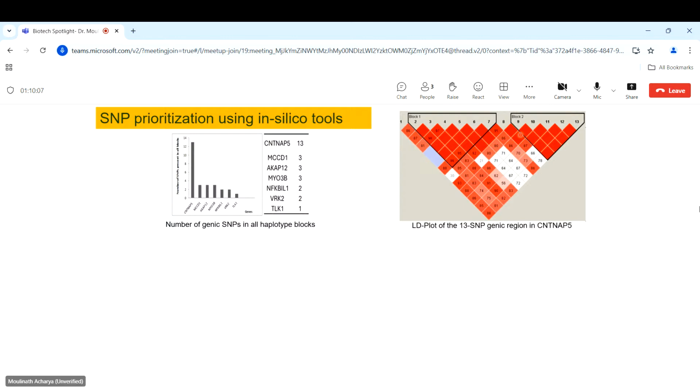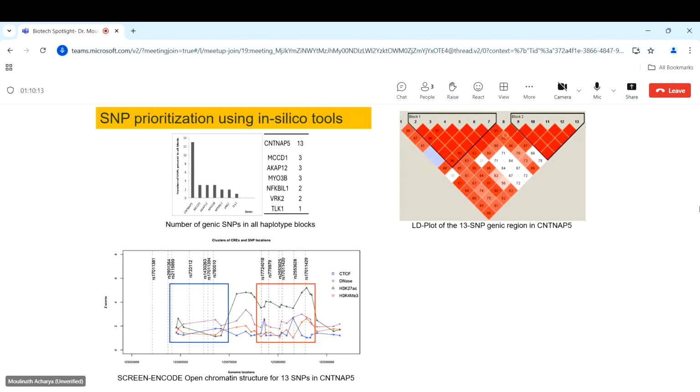These are the two haplotype blocks expanding these 13 SNPs, and this remains there when we looked at their open chromatin structure using the SCREEN tool. This is a tool in the UCSC genome browser. You can find it.